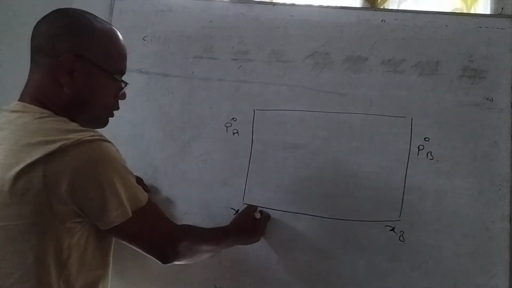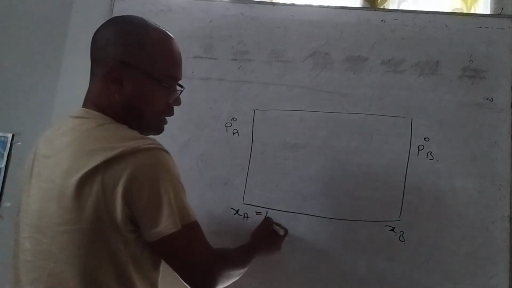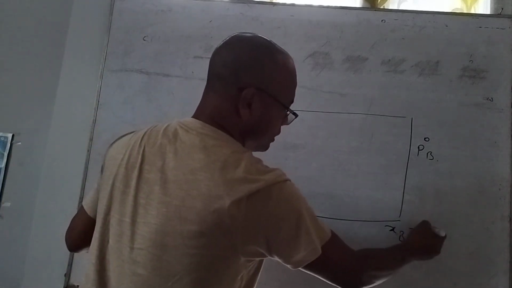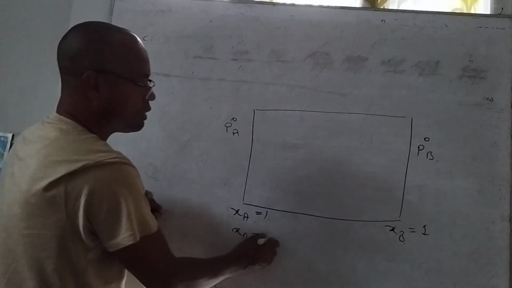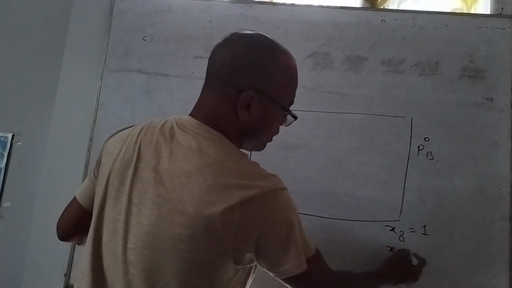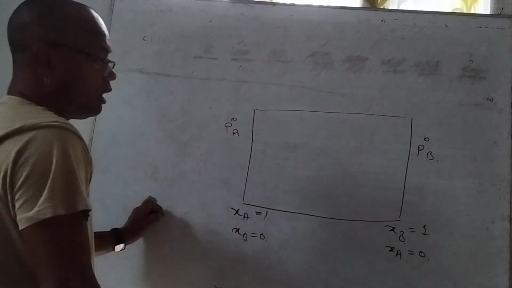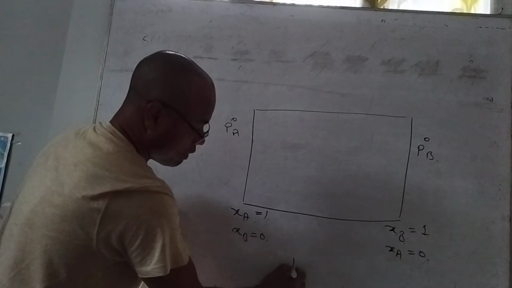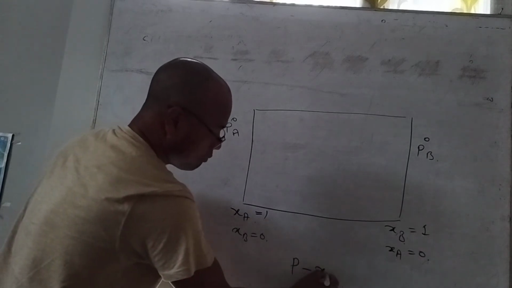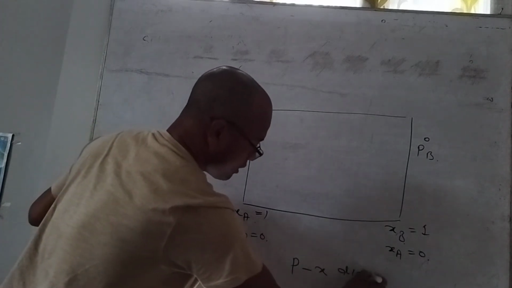On this side, the mole fraction of component A is taken as 1, and here the mole fraction of component B is taken as 1. The mole fraction of component B should be 0 here, and the mole fraction of component A should be 0 there. This is the vapor pressure and mole fraction diagram we can see.